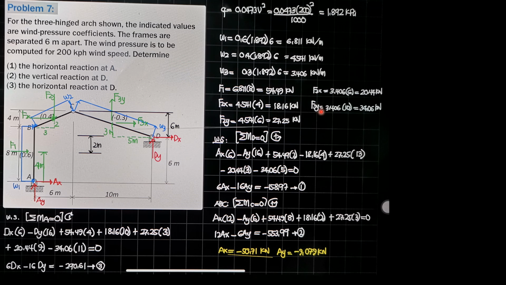So that's it. Then F3y is equal to W3, 3.406 times horizontal projection 10, 34.06 kilonewtons.